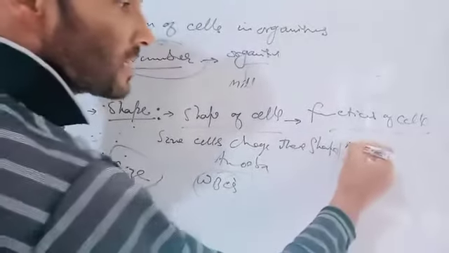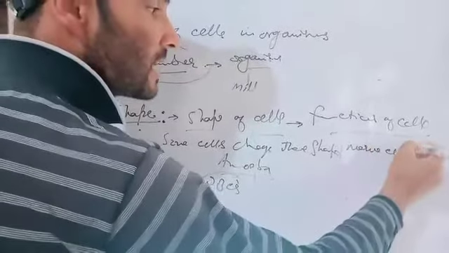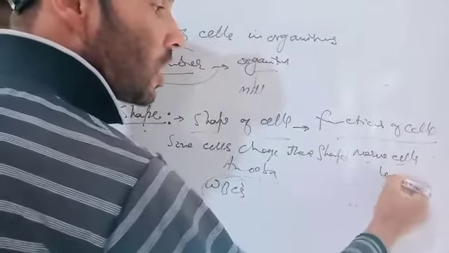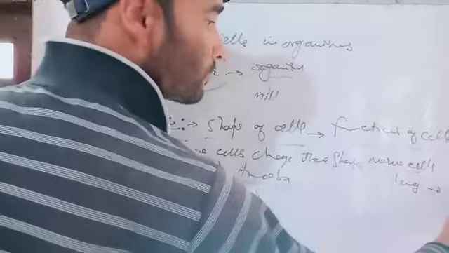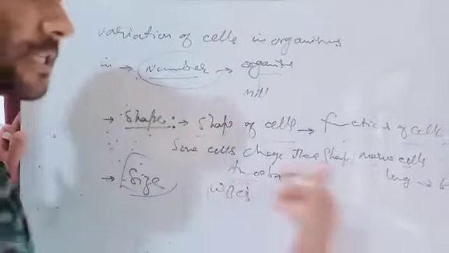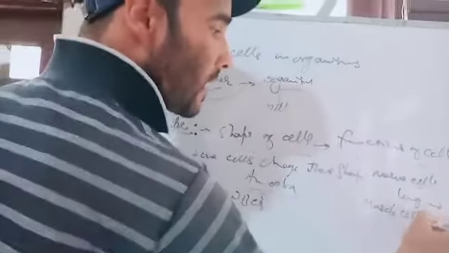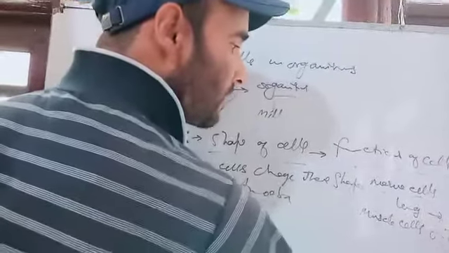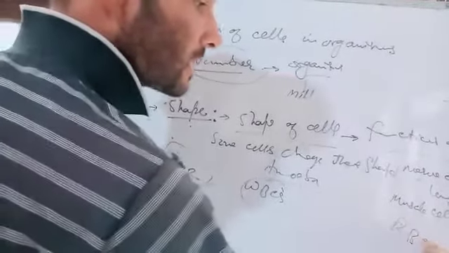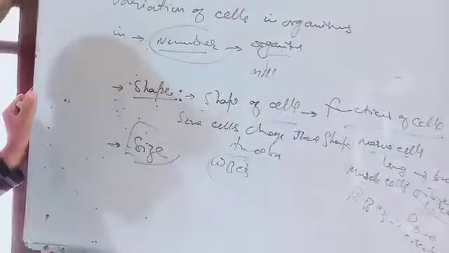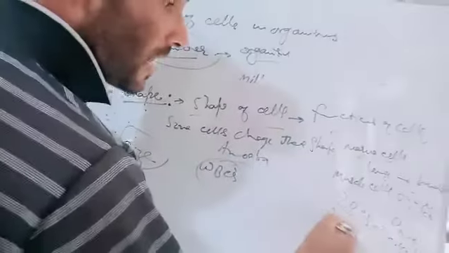For example, nerve cells are long and branched, and they carry information and messages. Muscle cells are fiber-like, they are also elongated. RBCs, red blood cells, are round and circular.